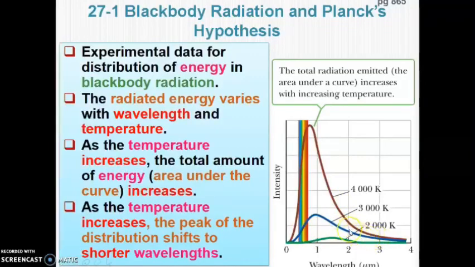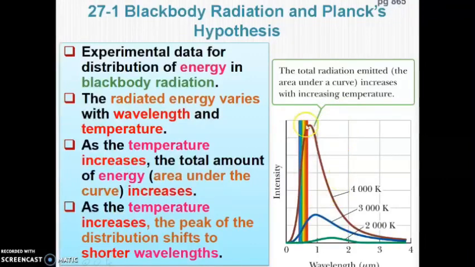This one is shifted to the longer wavelength. So you can conclude that if your temperature is smaller, the peak of this graph should be shifted to the longer wavelength compared to this one.